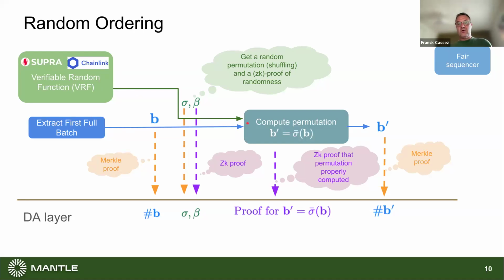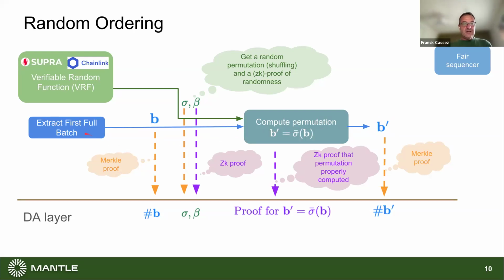And then we compute the permutation of the transactions using the randomization provided from the verifiable random function. From a batch B and a sequence of transactions in B, we arrive at a randomized sequence in B prime. So that's the computation that we perform.